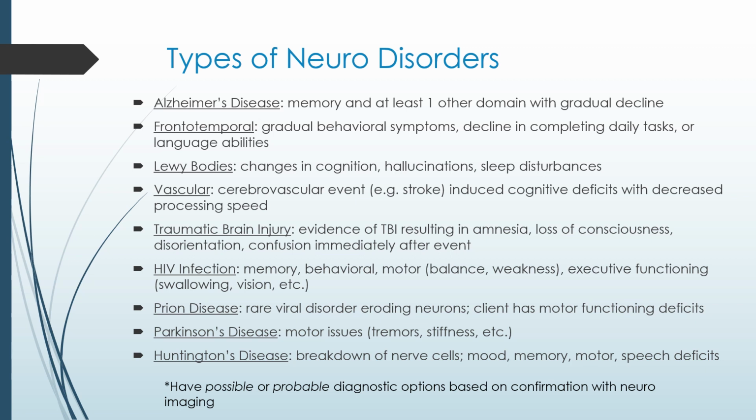So that's prion disease. We see similar things in Parkinson's disease, motor issues specifically related to tremors and stiffness. Again, this Parkinson's disease relates to the myelin sheath that protects the neurons being attacked and broken down.